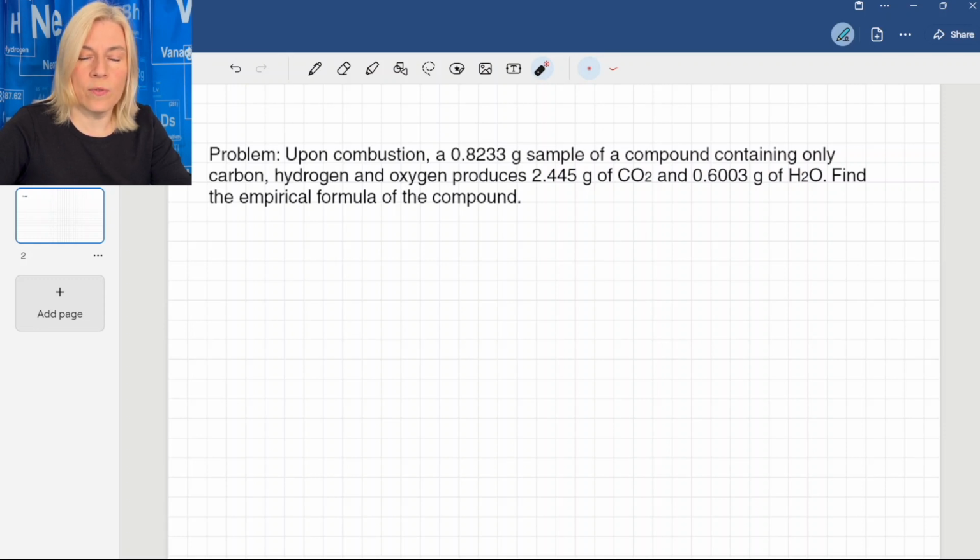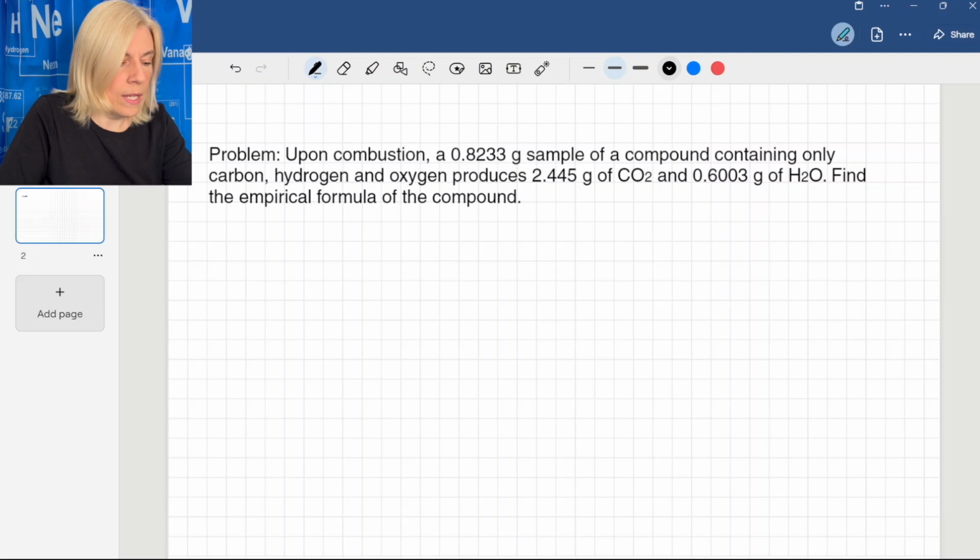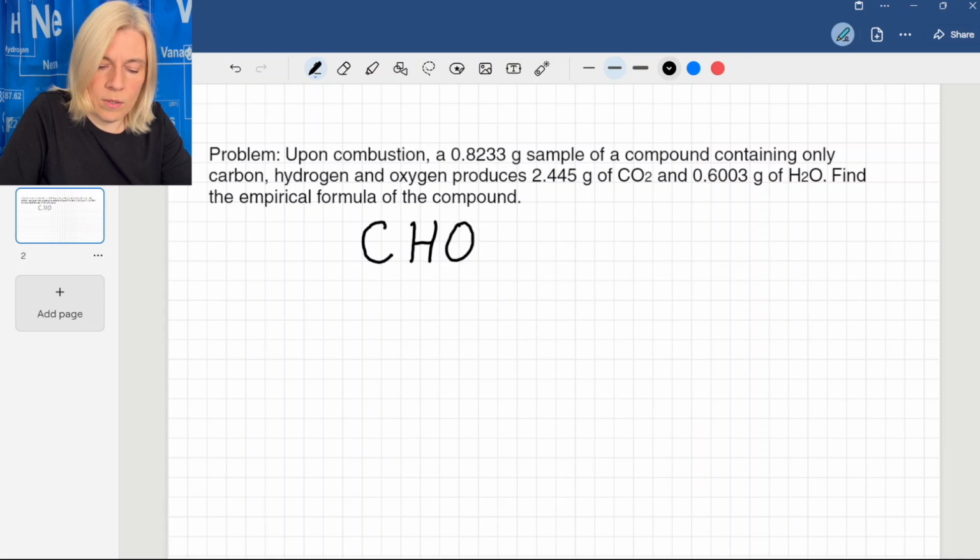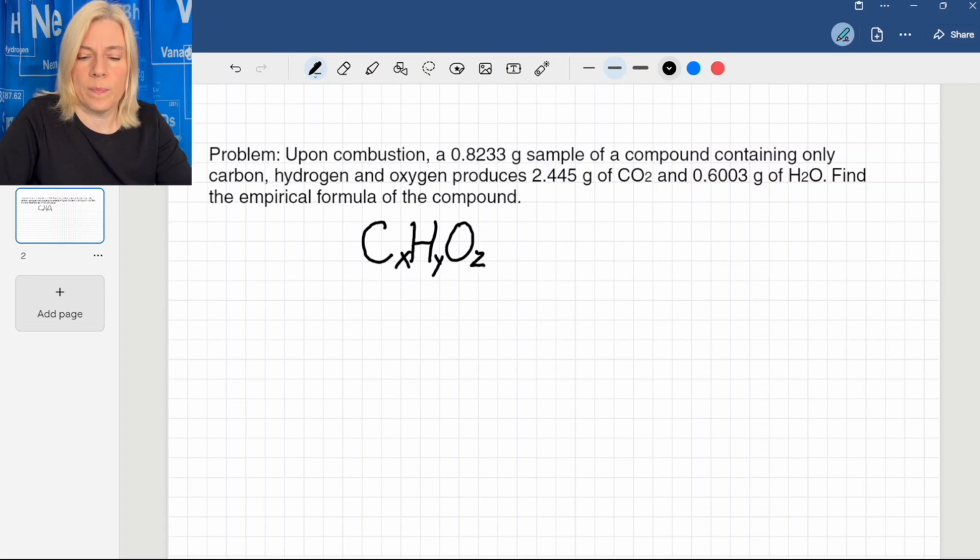Find the empirical formula of the compound. Well, what are we trying to do? We are trying to find a formula of this compound, C, H, and O. We're going to have X here, Y, and Z. We are trying to find the subscripts.